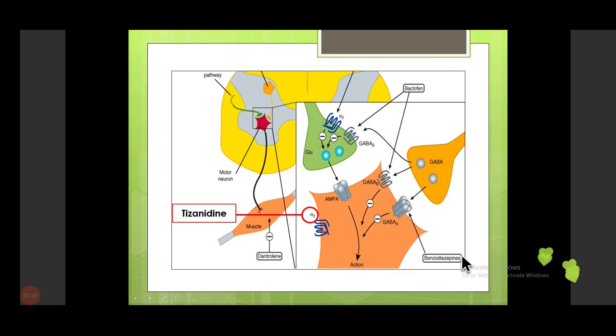Similarly, benzodiazepines also bind to the same channel, the benzodiazepine GABA chloride channel, but at a different site, and would again lead to hyperpolarization of these chloride ion channels, subsequently no propagation of the action potential or the impulse, and subsequently a depressed reaction.